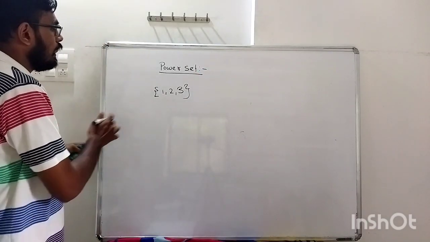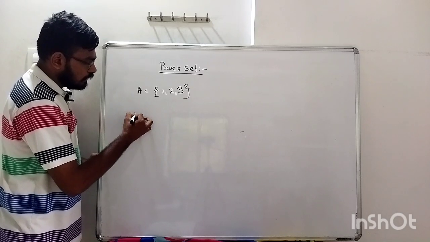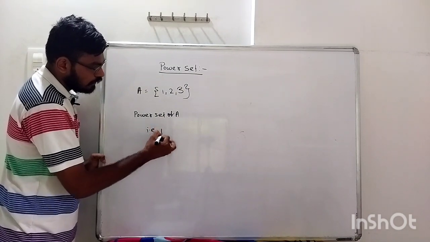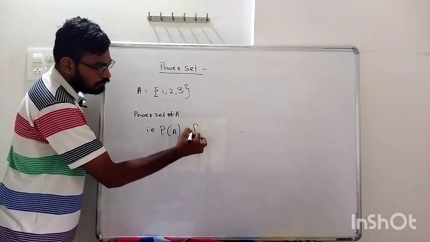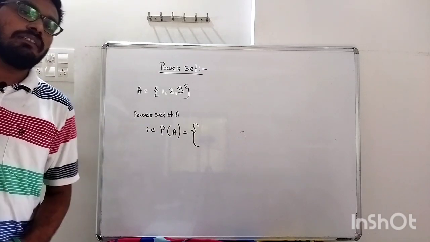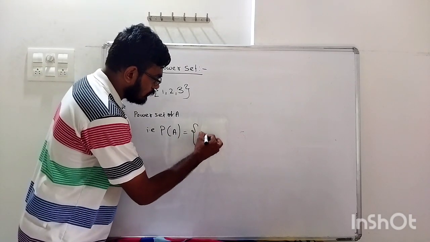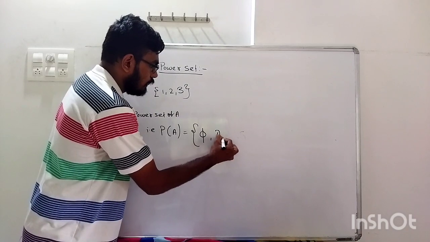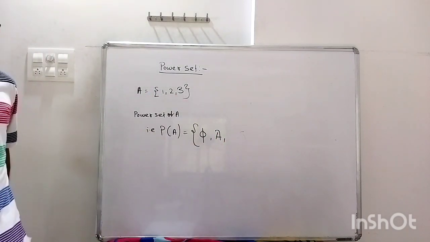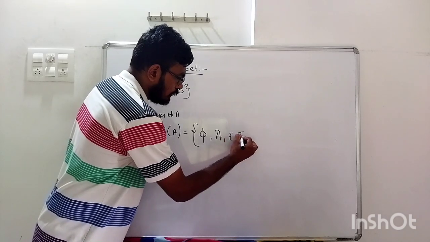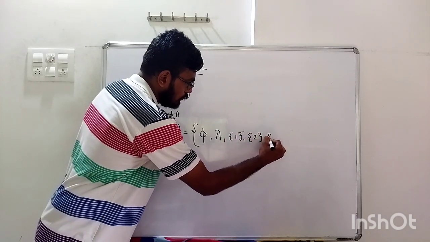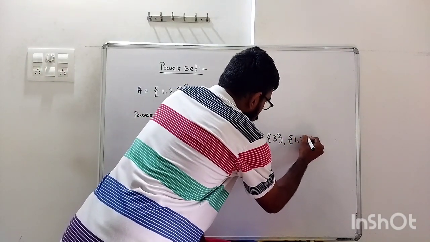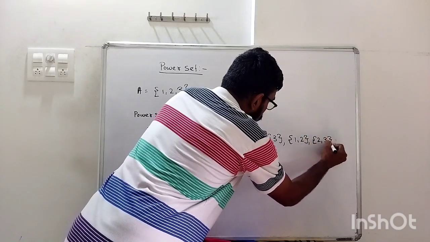Write it like this: if A is this set, then the power set of A, that is P of A, is equal to, and we write a big curly bracket, and inside that we write all the subsets of this and put commas: the empty set first, then we can write the full set A. We can write A also, or we can write 1 2 3 also, then singletons 1, 2, 3, then 2 elements together, 1 2, 2 3 and 1 3.